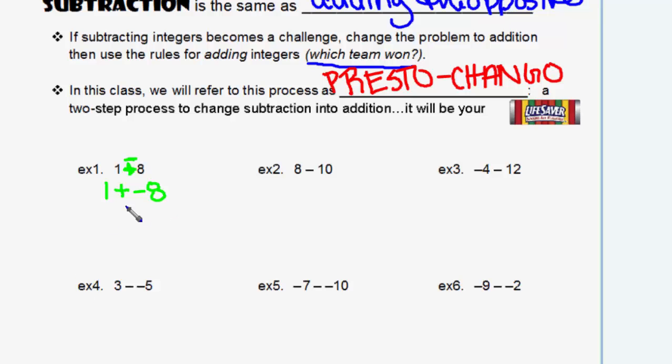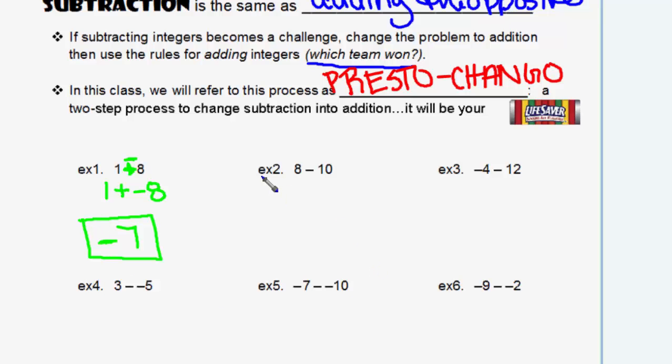Now this is what we did the other day, okay? They're different signs, so I'm going to subtract them and get 7. And I'm going to take the sign of the bigger number. Which team wins? The negative team wins. So my answer is negative 7.